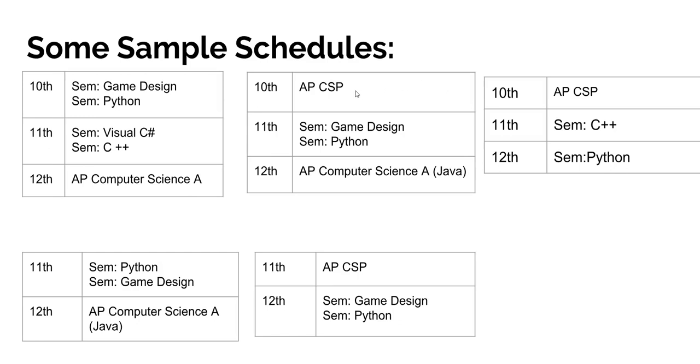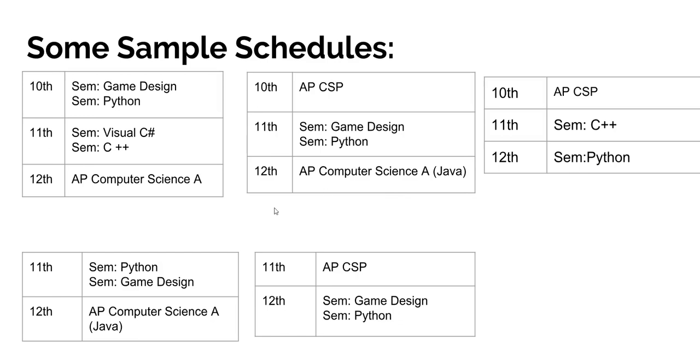Likewise, in 10th grade, if you chose to do AP CSP all year long and you didn't emphasize a coding route in that, then you want to get some more coding in before you take AP Computer Science your senior year. And if you don't have as much time in your schedule, maybe take a year of AP CSP and then two semester classes in 11th grade and then Python in 12th grade.